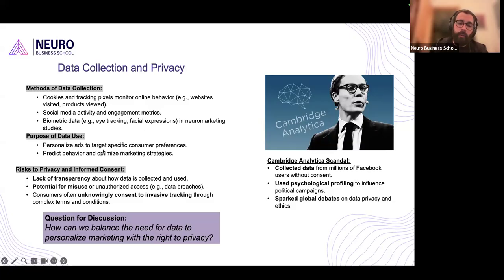Okay, potential for misuse, for example, or unauthorized access. What does that mean? For example, if you collect a lot of data as a company, but you are not able to keep the data safe, this could also be a problem, because imagine you are under a cybersecurity attack and your data is totally leaked.